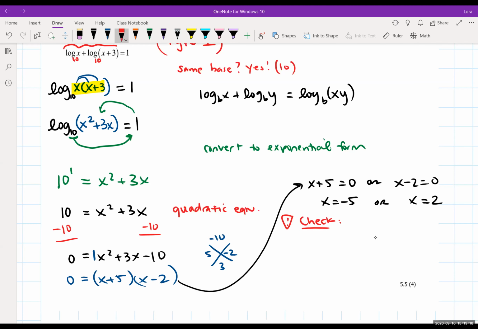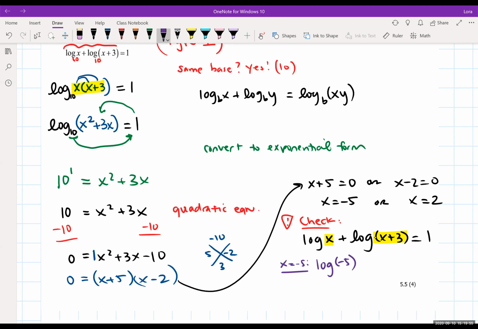Notice if you're looking at the original equation, and I will write it over just so that you see, log of x plus log of x plus 3 equals 1, you're checking the arguments. You don't have to check it back into the original equation unless you feel the need to. But if you were to try out x equals -5, right away, you would see log of -5. If you try to type that in your TI, go ahead.